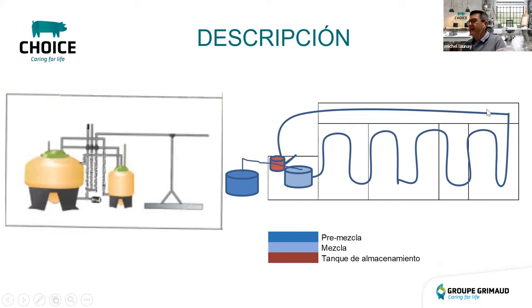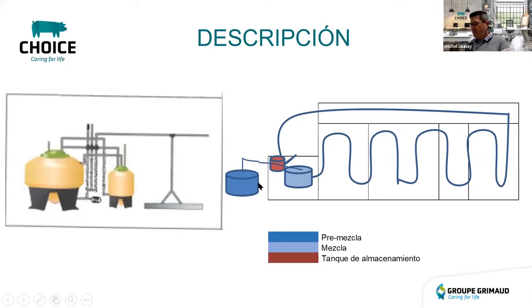Mostly now you have a rest tank at the end of the pipe. That means you don't have any feed in the pipes, but only water. But in some old installations, you don't have this rest tank.